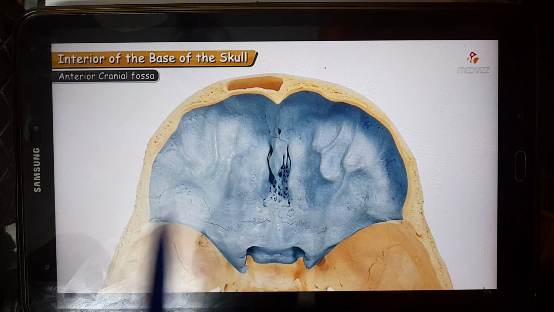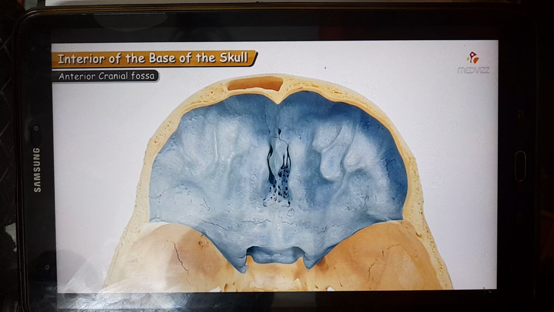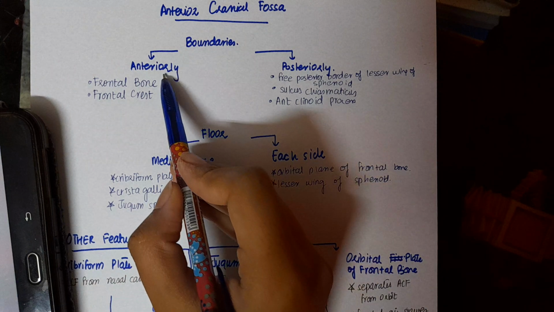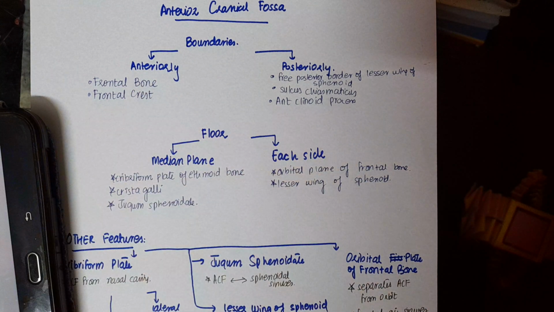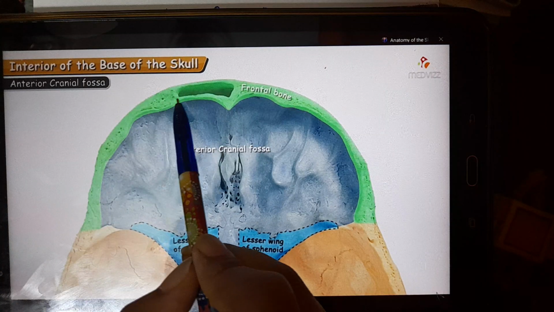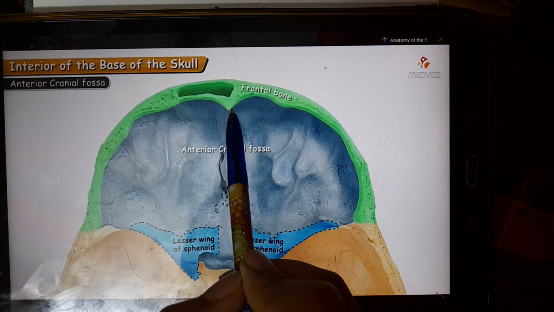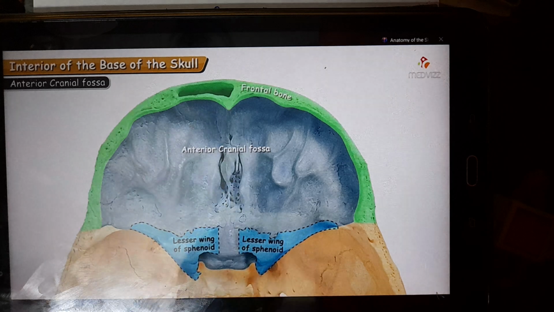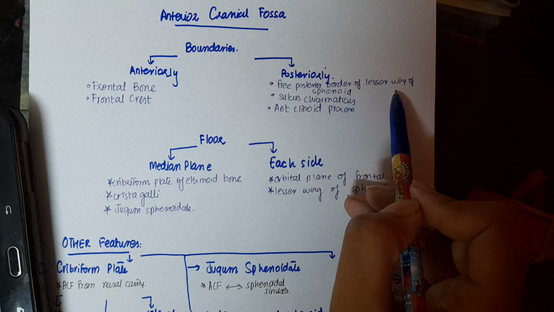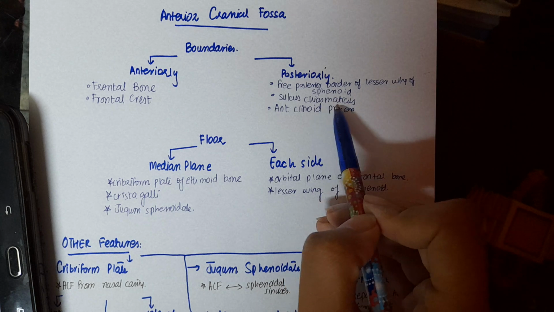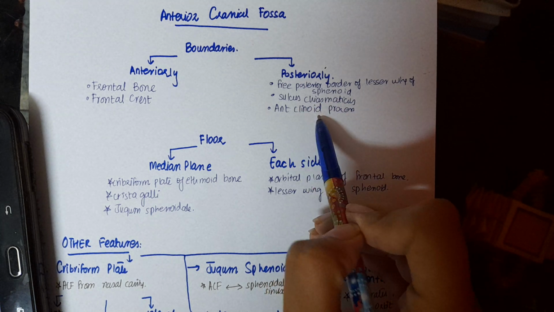Firstly, we will discuss the anterior border. On the anterior border, we will have the frontal bone and the frontal crest. This green region is the frontal bone and this in the middle is the frontal crest. Posteriorly, we have the free posterior border of lesser wing of sphenoid, then sulcus chiasmaticus and anterior clinoid process.